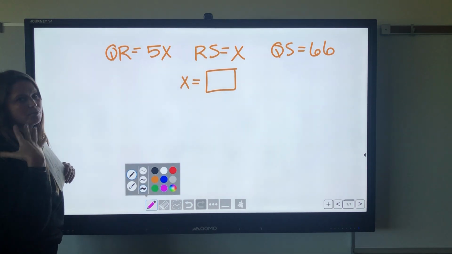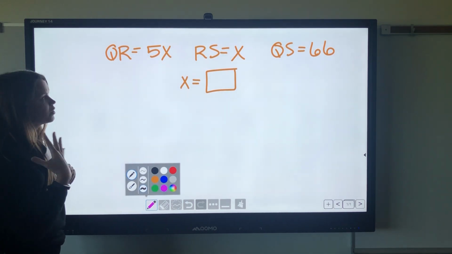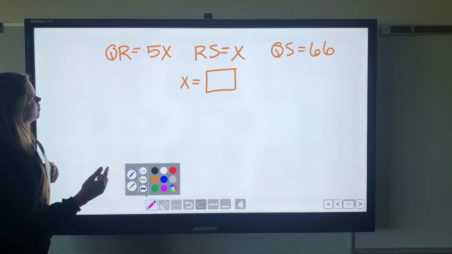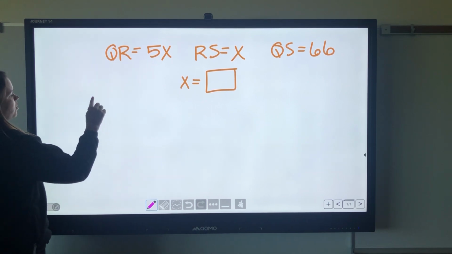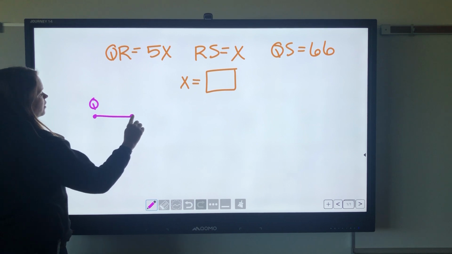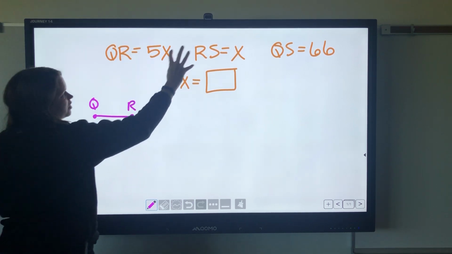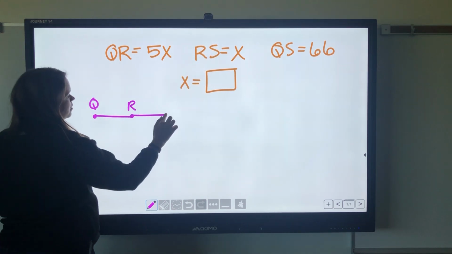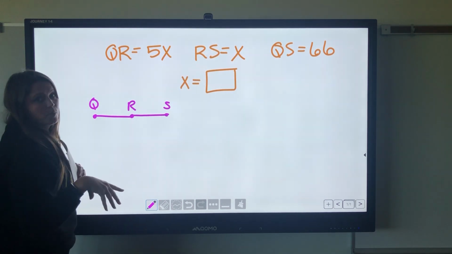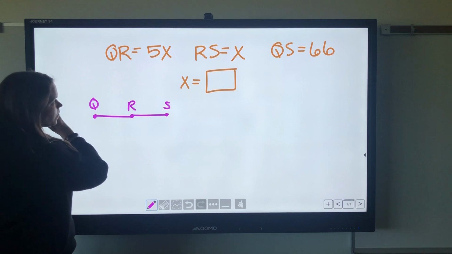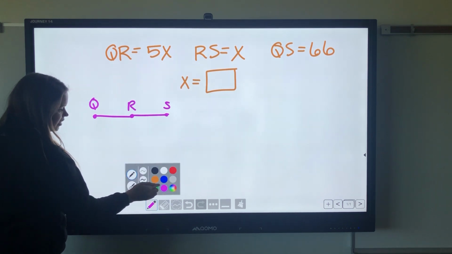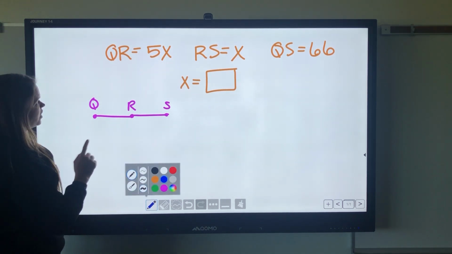Don't try to just think about what you should do. You want to draw this picture. So you know that you have something called Q and something called R. Because that means you have a segment, it means the length of the segment, but then you have RS. So draw this out on your paper while you're doing your test. Now you can see what's going on, plug in the information, and it makes so much more sense.